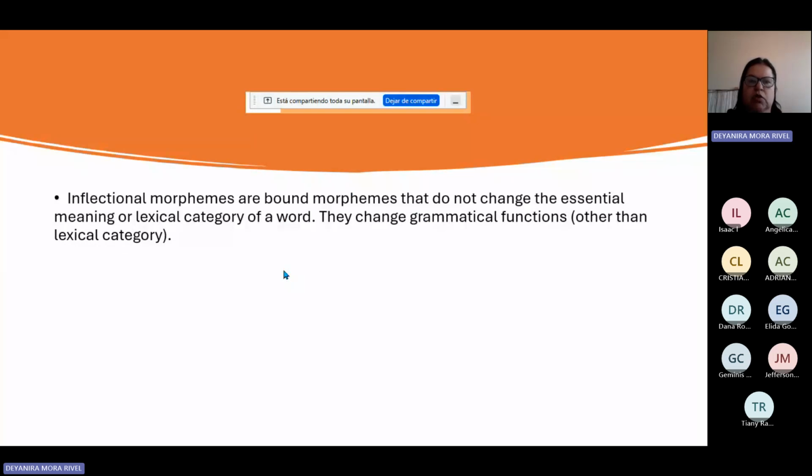These do not change the meaning or the lexical category of the word. They only change the grammatical function, instead of the type of word or lexical category.